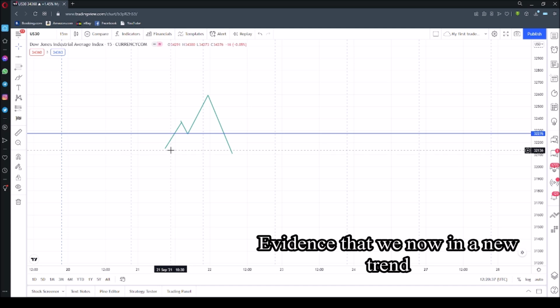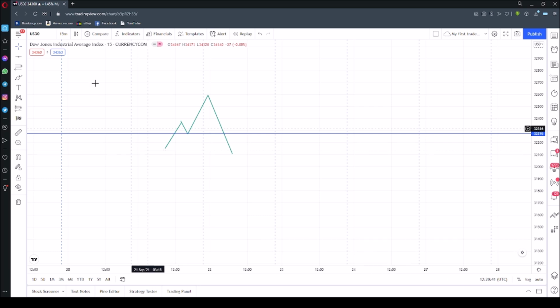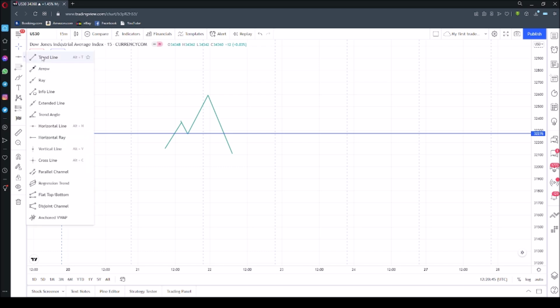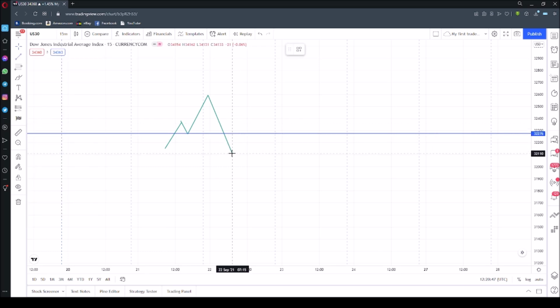That evidence can only be attained by looking at the new pattern that will be given by the market, in this case. This is now a lower high, right, and creation of a lower low.